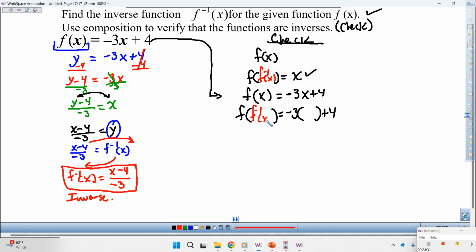So I write f inverse of x. Isn't this the inverse? Yes? So what did I just substitute? Oh, Mr. Q, you substituted this part. All right. So over here, instead of writing that again, what am I going to write? The other part, which is x minus 4 over negative 3. Copy that.